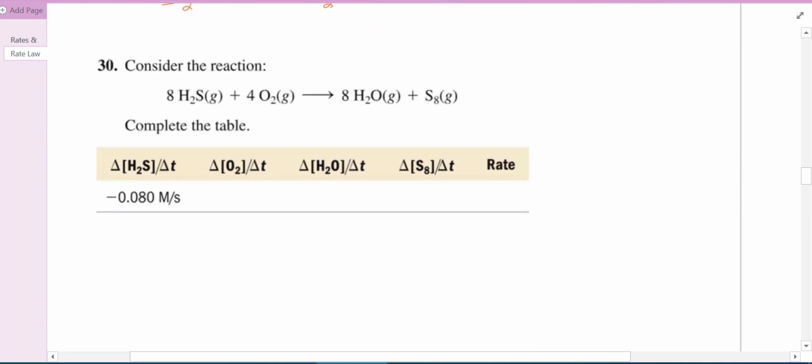Problem 30 is the same thing, relative rates. You can see how their rate and then all the relative rates work.